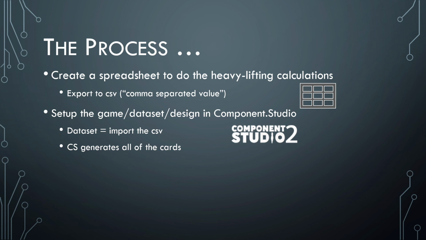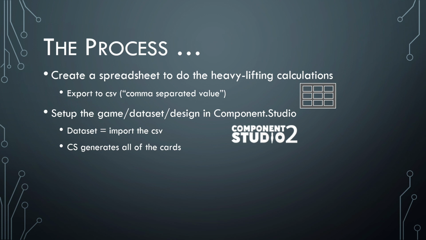I use Component Studio for the dataset. I import that CSV. I use CS to design my cards and generate all of the cards I might want. In the case of the example we're going to use, we're going to be building an 18-card random pack.